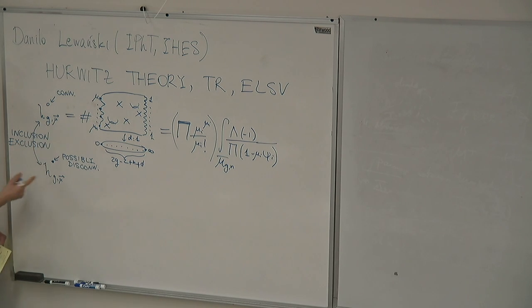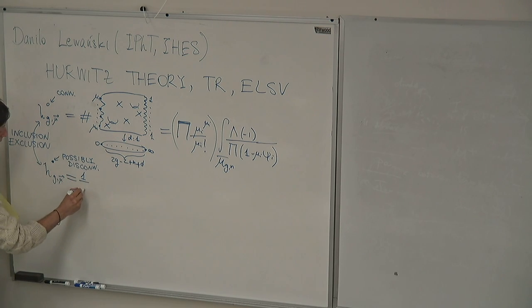Or if you want, just the generating series of this and the generating series of this, and one is the exponent of the other. So you just take the exponent of the generating series of the connected ones, you expand them in the same variable, and then you get as coefficients the possibly disconnected ones. This is well known.